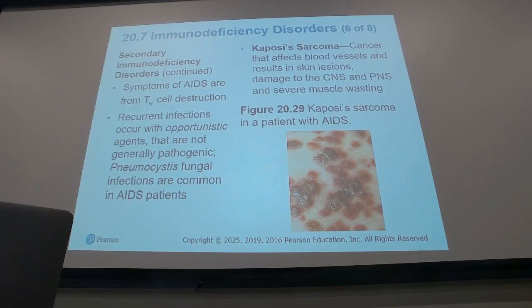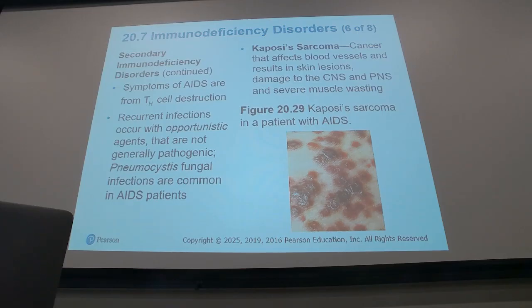Now, we can have exaggerated immune response, but you can have the opposite, which is immunodeficiency. Like AIDS is a type of immunodeficiency. Your CD4s get destroyed by HIV, and then the person will end up with opportunistic infections.